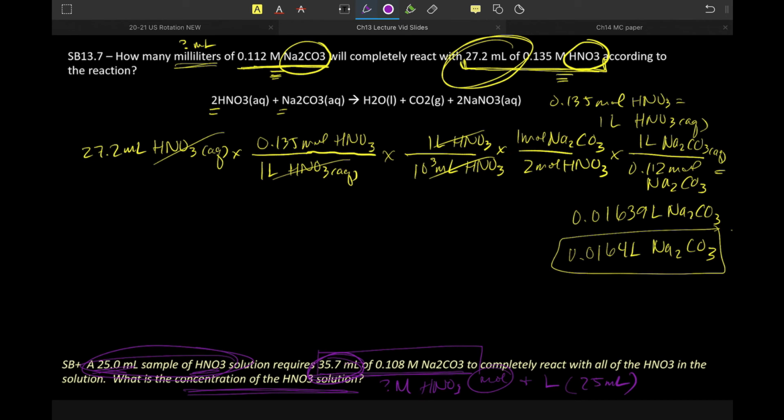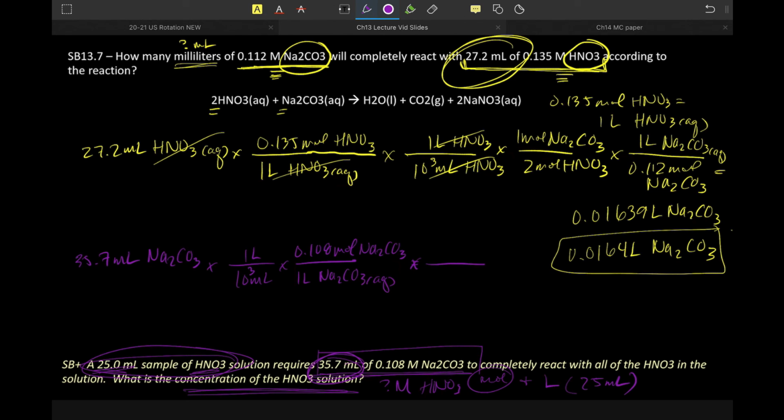So now let's start with our 35.7 milliliters of sodium carbonate, and we're going to convert that to liters. Then we take our sodium carbonate, which is 0.108 moles of sodium carbonate for every 1 liter of sodium carbonate aqueous. Oh, no, we're not done.